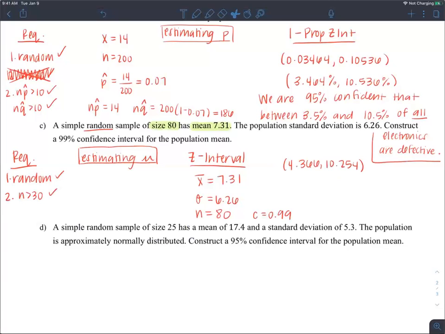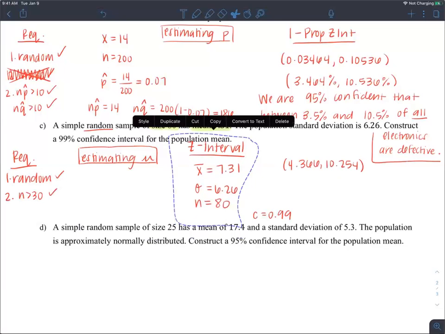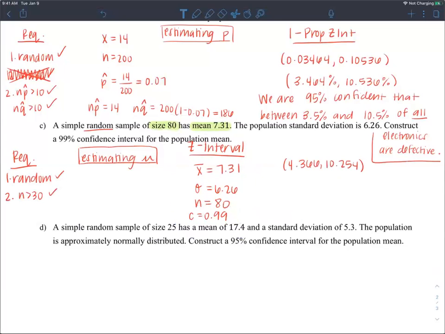And so we can interpret this one. So for this one, we are 99% confident that, and here we're not actually told any story. We're literally just given some variables, right? We don't know what the variable actually represents.